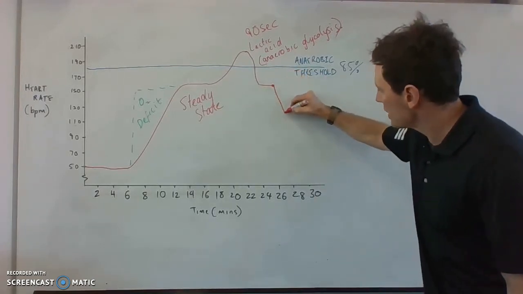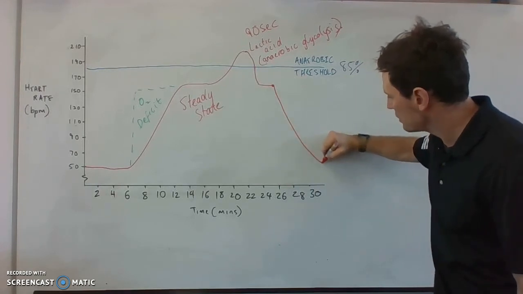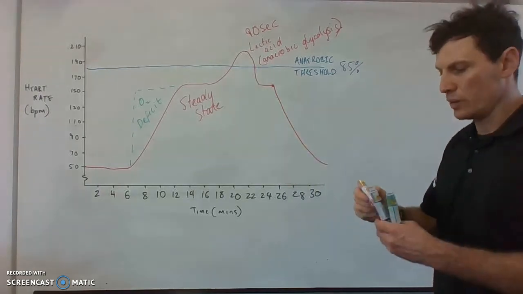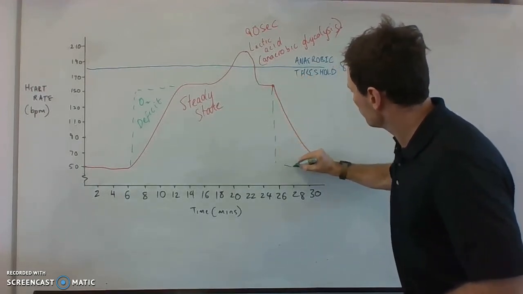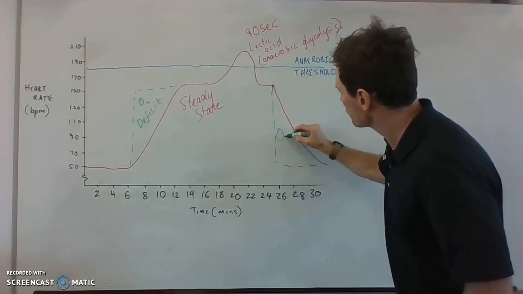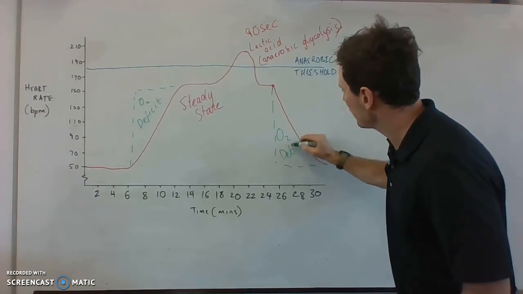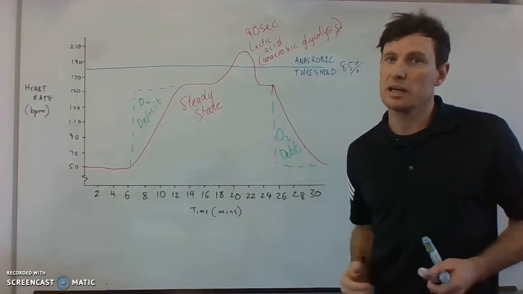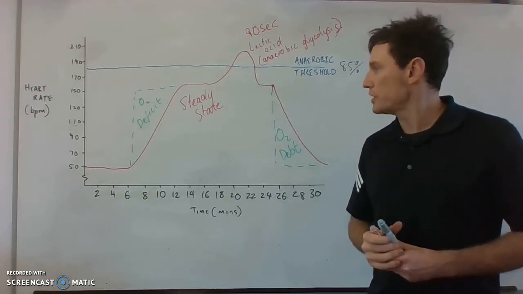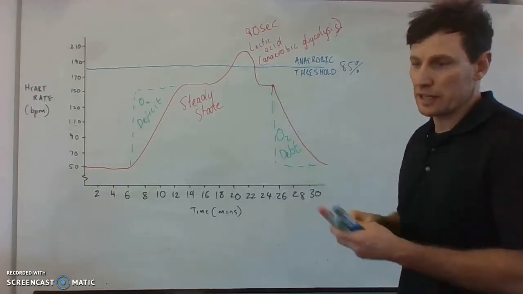And that time that it takes for the athlete to return back to rest, this chunk of time here, we refer to as oxygen debt. That's the debt of oxygen that needs to be repaid after the exercise is finished. So there's two reasons for that.